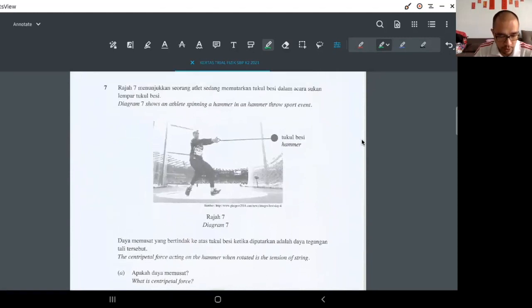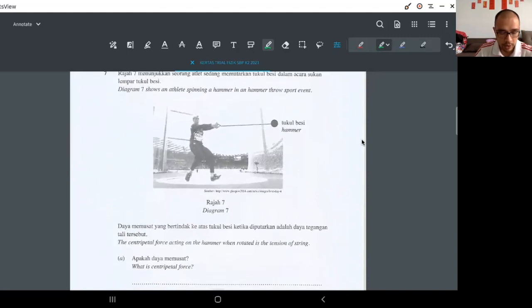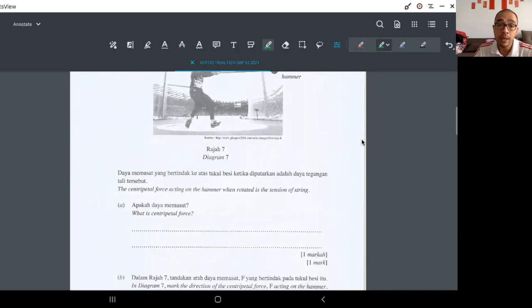Okay, diagram 7 shows an athlete spinning a hammer in a hammer throw sport event. So the centripetal force acting on a hammer when rotated is the tension of the string. So what is the centripetal force?